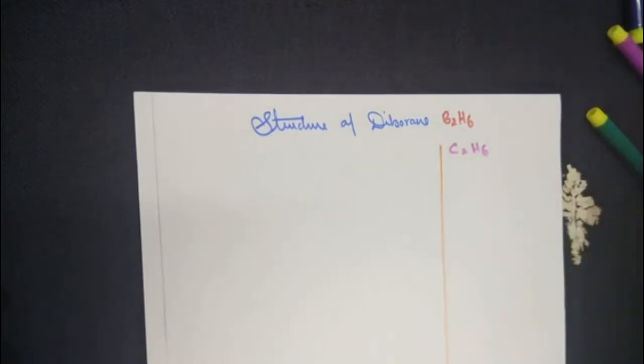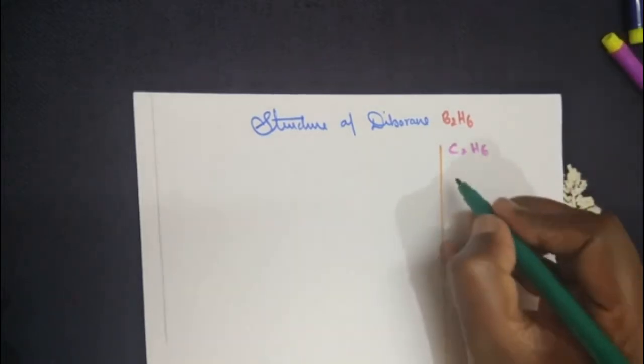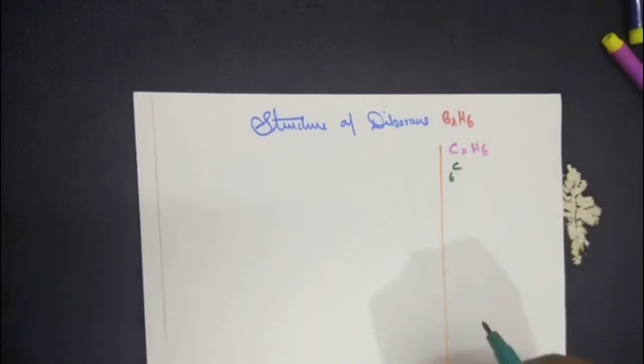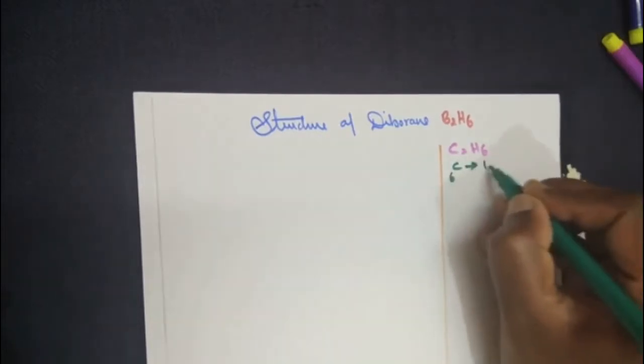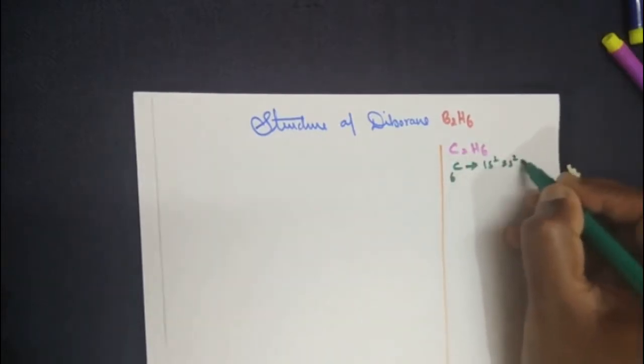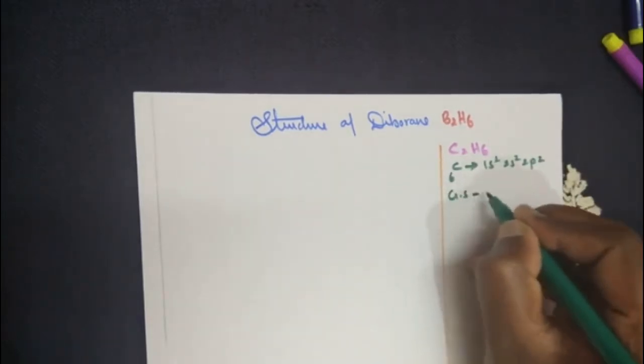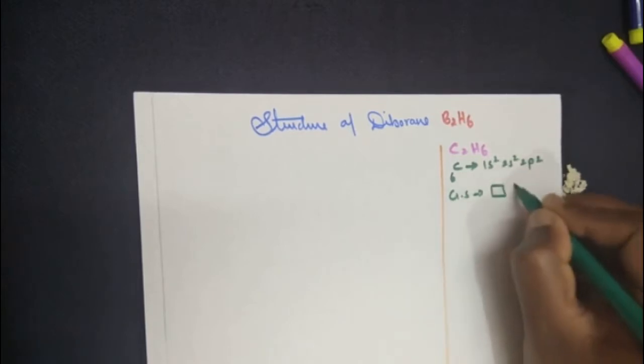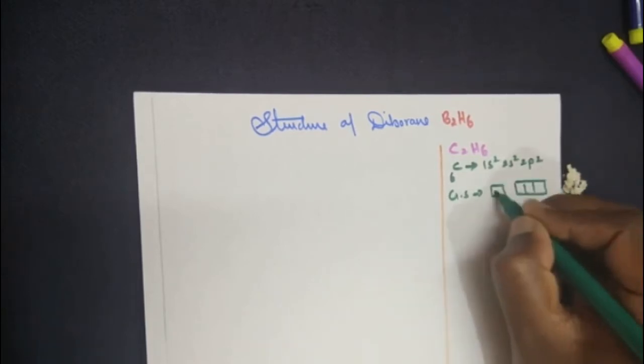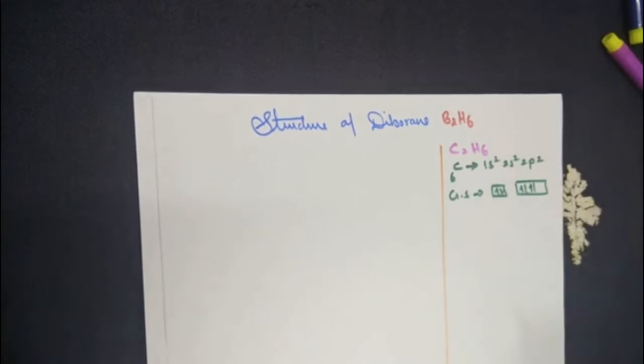So now let's start with the hybridization. The atomic number of carbon is 6, so the configuration is 1s2, 2s2, 2p2. In the ground state, the configuration will be 2s2, 2p2.